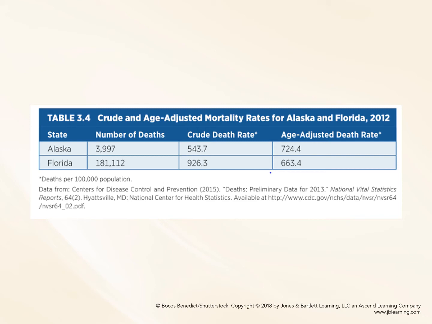However, when these death rates are adjusted for differences in age structures of the population, one can see that the death rate in Florida, which then becomes 663 per 100,000, compares favorably with the death rate in Alaska, 724 per 100,000. So once you adjust for the larger elderly population in Florida, the numbers change to become more representative.